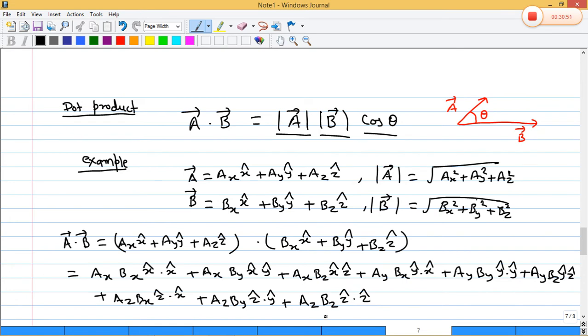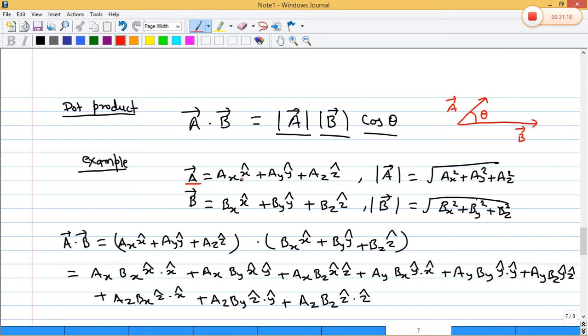Let's check. Okay, this is ax bx here, ax ay az, bx by bz. These all are scalar quantities. They have no direction. But when I multiply this with x cap, then it has direction. I have already told you that this is the vector. If this is a vector, then it has magnitude and direction.